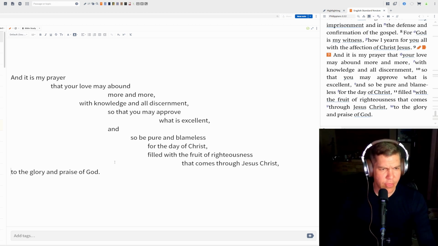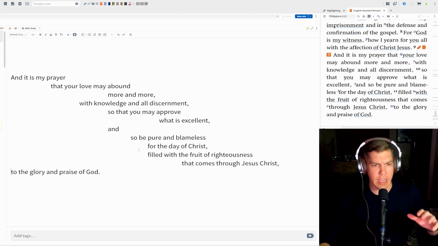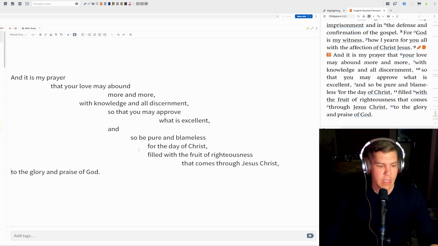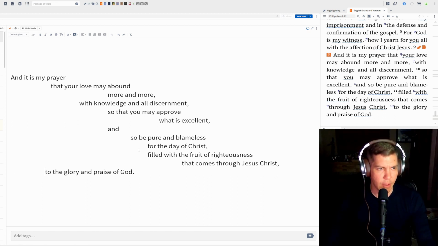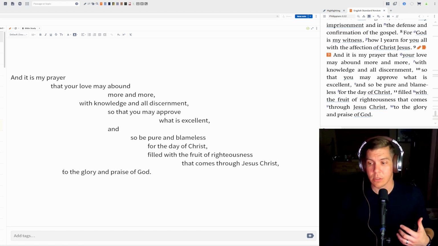As I'm looking at this, and I'll reserve the right to change my mind as I think about it more, an initial take just to get something down is that I'm inclined to think that part of this is ultimately that his prayer is that their love may abound to the glory and praise of God. That all of this is ultimately pointing to this hope that Paul has that the change that he's praying for in the Philippian believers will ultimately redound to the praise and glory of God.